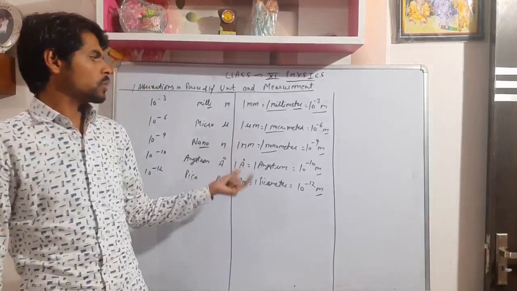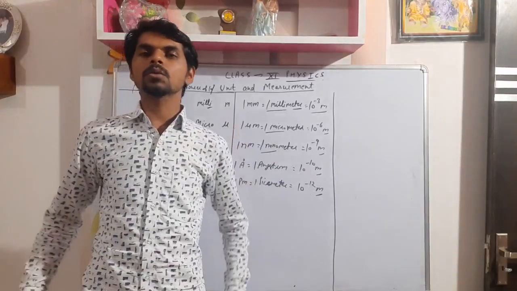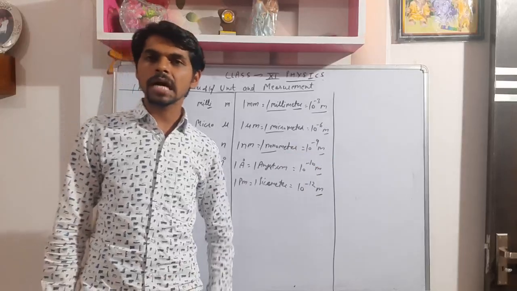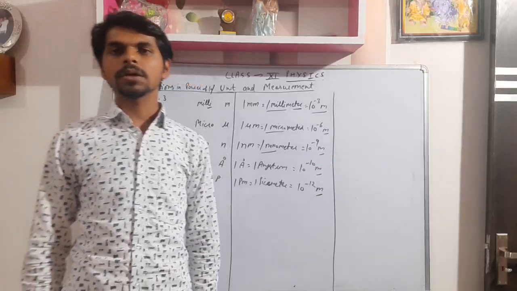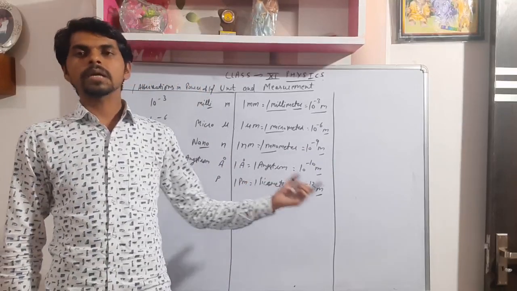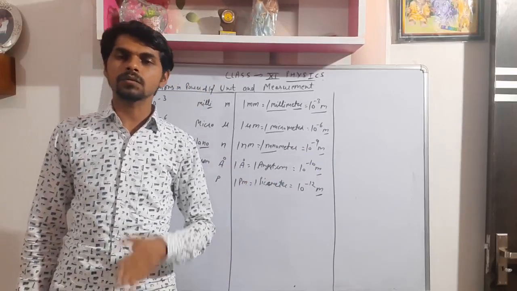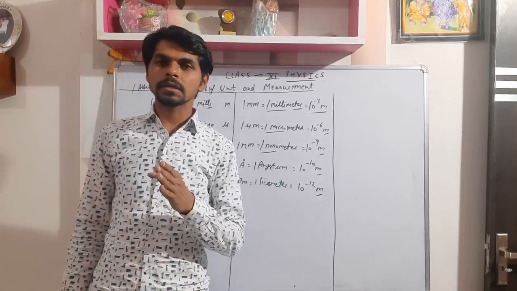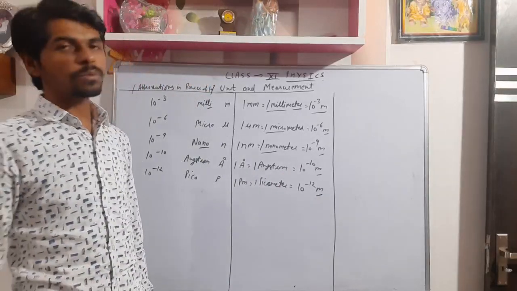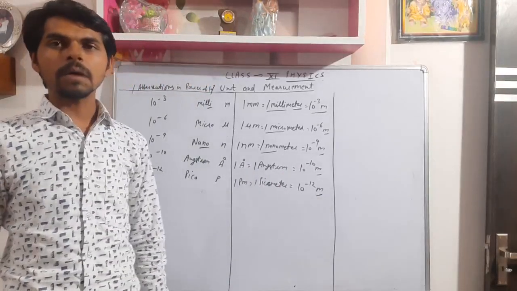So we should know that 1 nanometer equals 10 to the power minus 9 meter. If 1 angstrom is there, we calculate it in SI unit, that is 10 to the power minus 10 meter. So these are some of the abbreviations used for negative powers of 10.